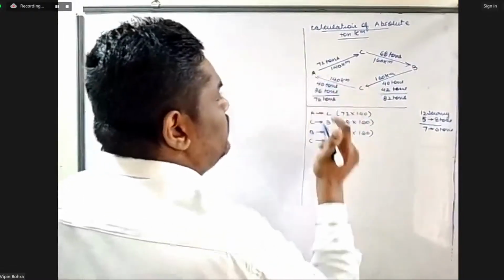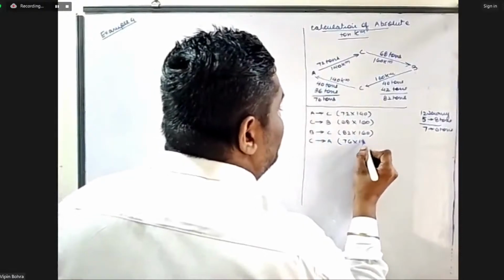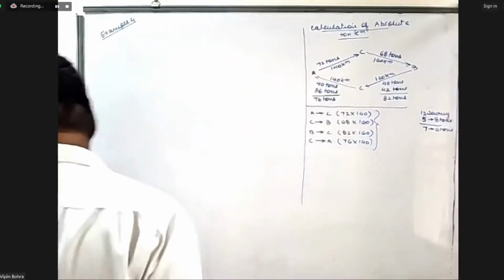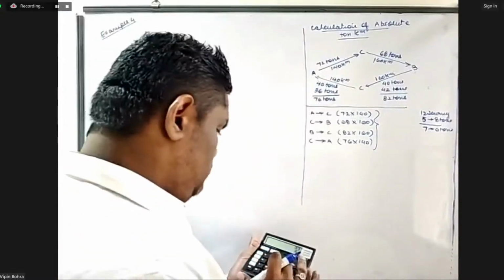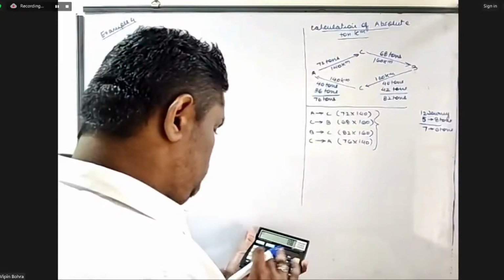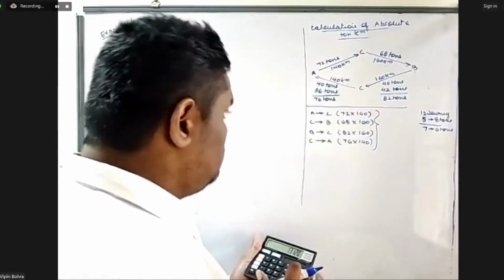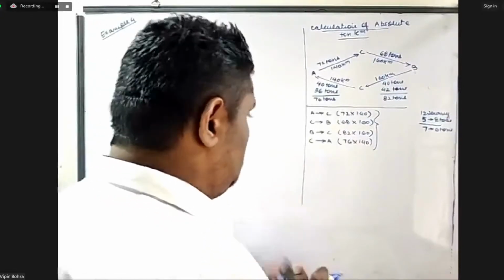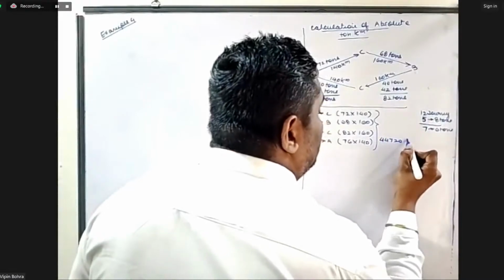And from C to A, 76 tons traveled for 140 kilometers. So total ton kilometers will be 44,720.